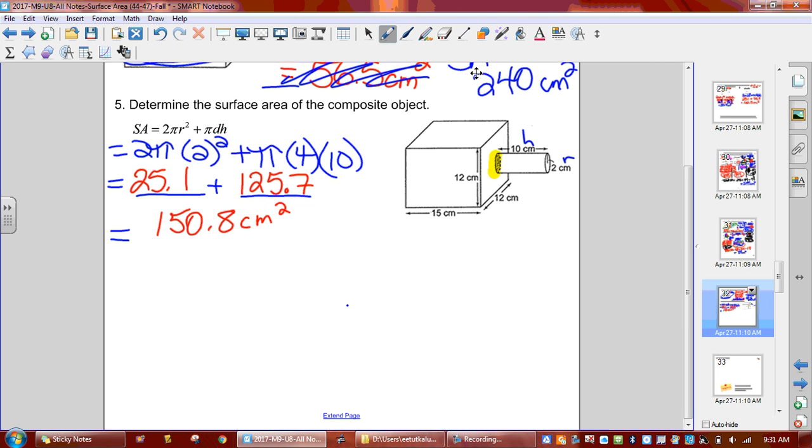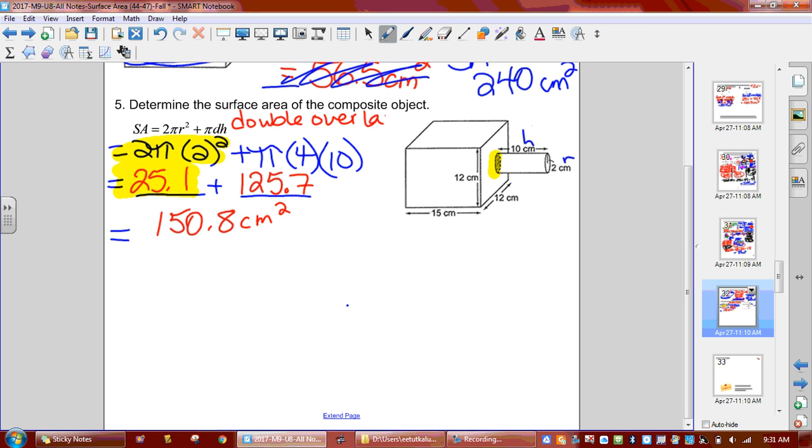So that part in yellow I just highlighted is also the double overlap. Okay? So we're going to write down our double overlap is 25.1 centimeters squared. This is the number we have to subtract at the end.